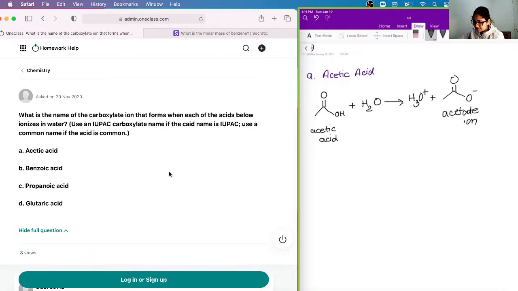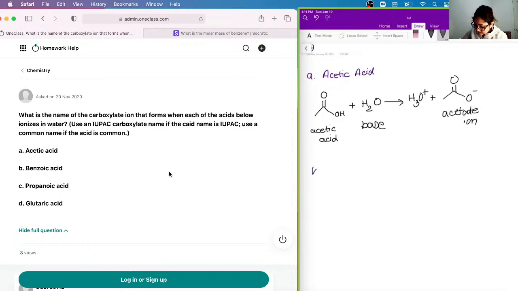This is basically what you get when acetic acid reacts with water, and it gives rise to hydronium ions and acetate ions. In this case, you can see the acetic acid loses a proton, whereas your water acts like a base. It gains that proton from the acetic acid.